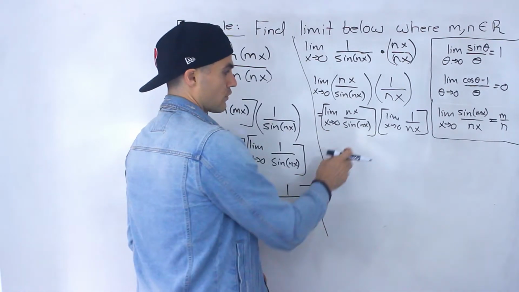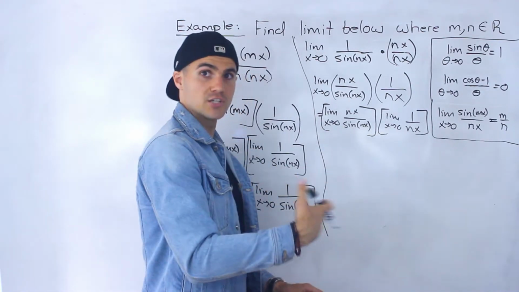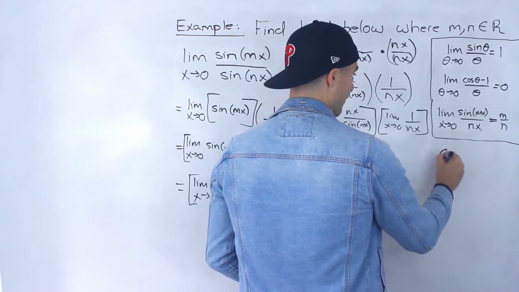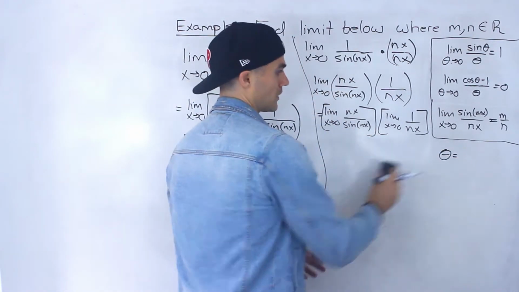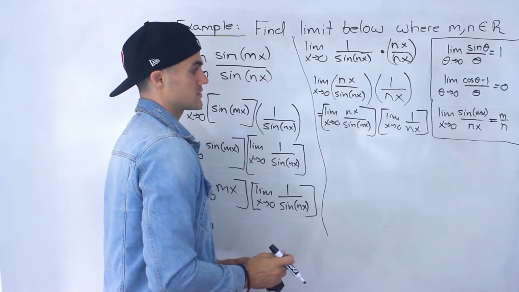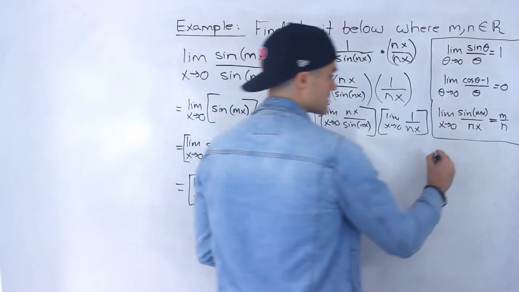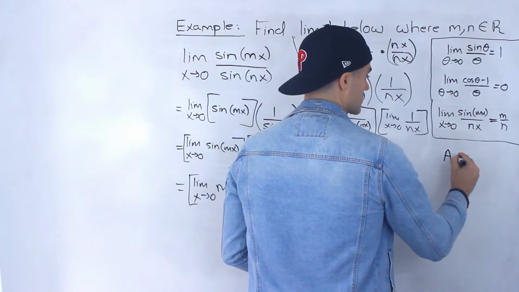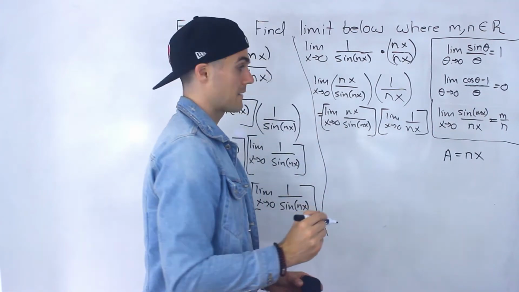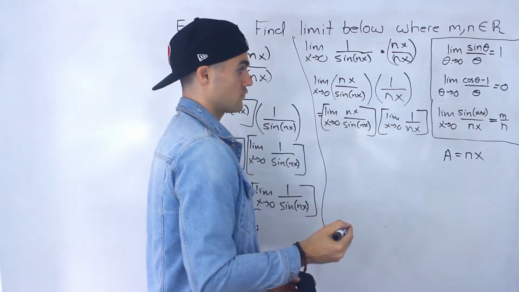So this is where it's going to get a little bit interesting. Working with this limit, I'm actually going to do a change of variable at this point. So I'm going to let theta equal, actually, you know what? We already used theta for the mx. So you're not getting confused, let's use another variable. Let's say a, capital A. So we're going to say a is equal to nx, like that. We're introducing a new variable.